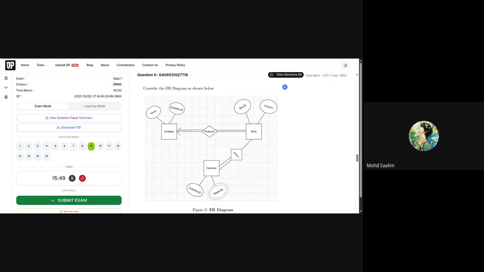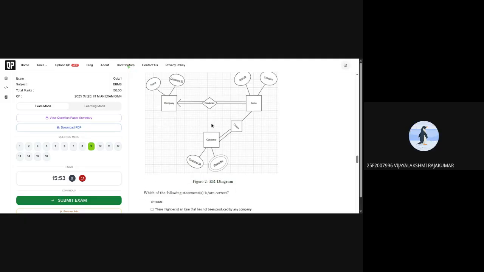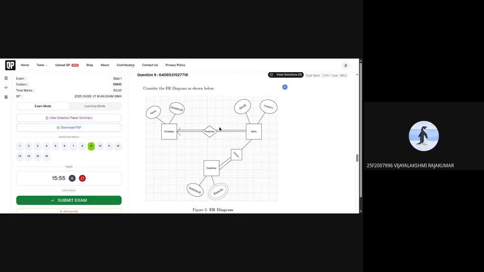It's just the choice. Sir, can you explain one more time why produces is not in scope? The reason behind it is the one-to-many relationship. Just try to formulate the meaning of this. What is the meaning of a one-to-many relationship?